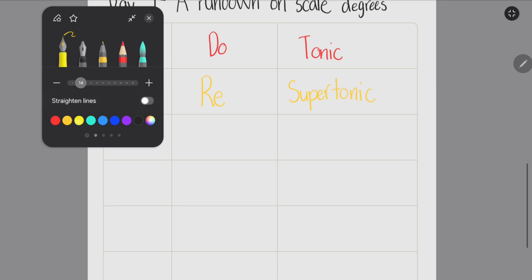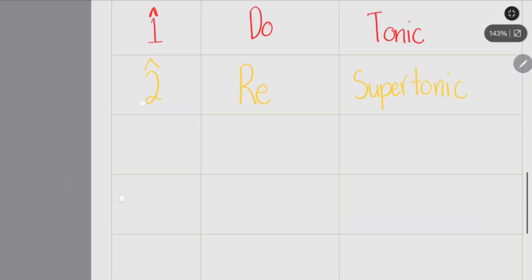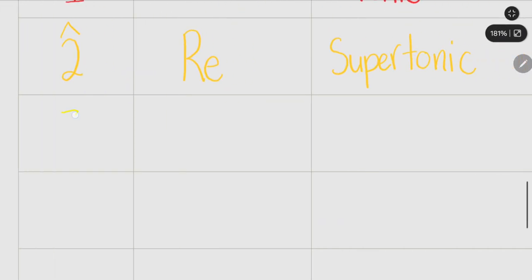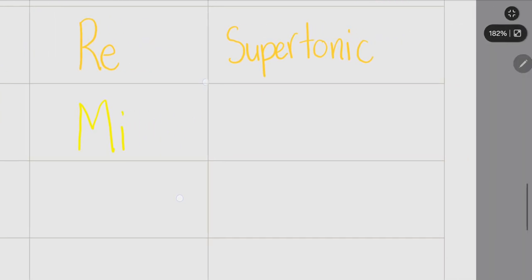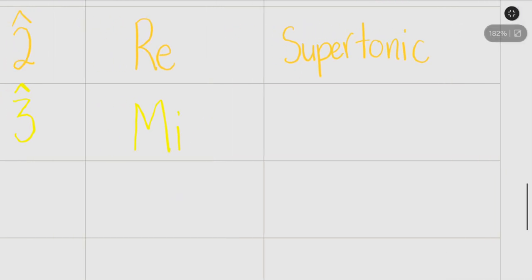And our next is 3, and do, re, mi. Mi is a solfege syllable. And this is the mediant.